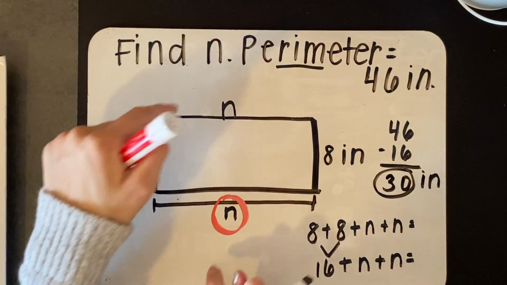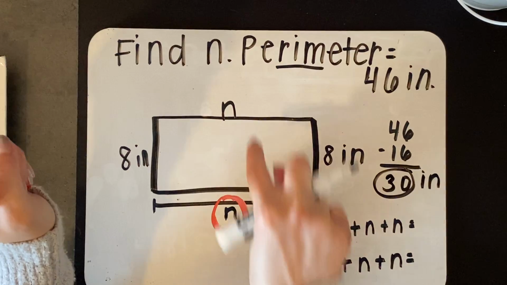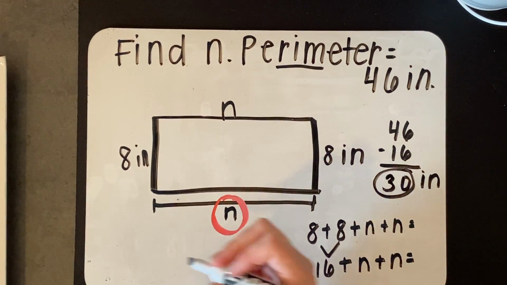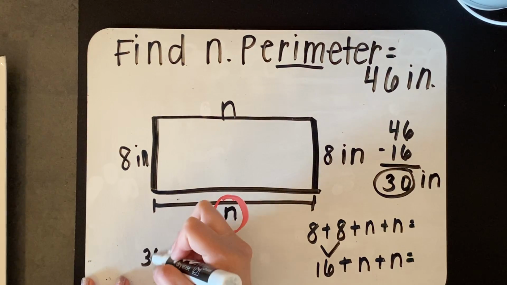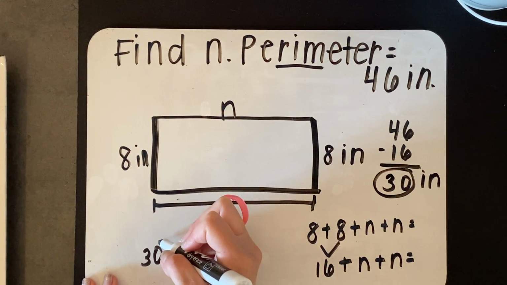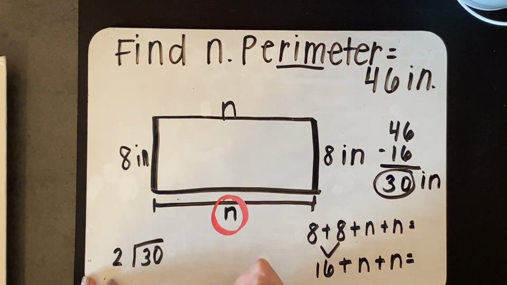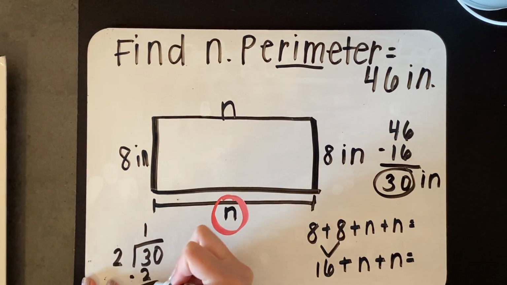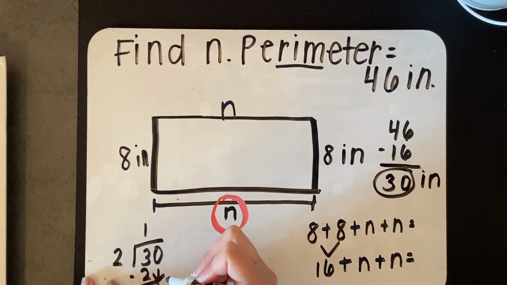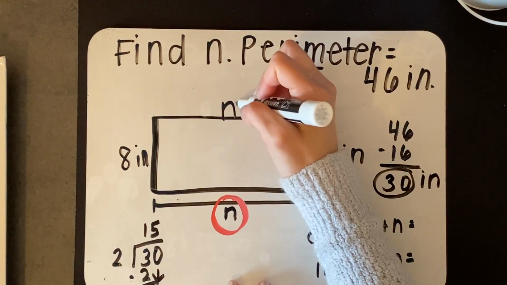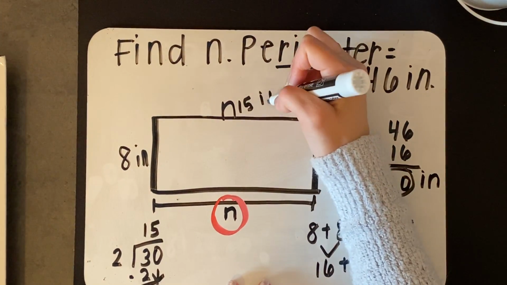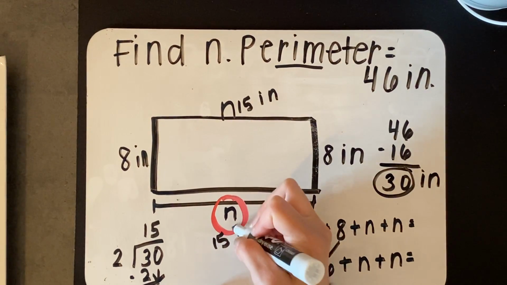So we're going to take this 30 and split it because these two are equal sides. When we split something into equal groups, we use division. 30 divided by 2 is 15. So this side is 15 inches and this side is 15 inches.